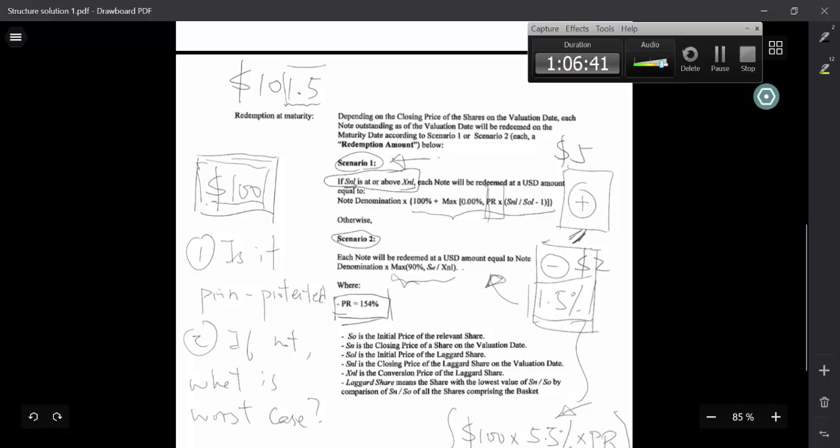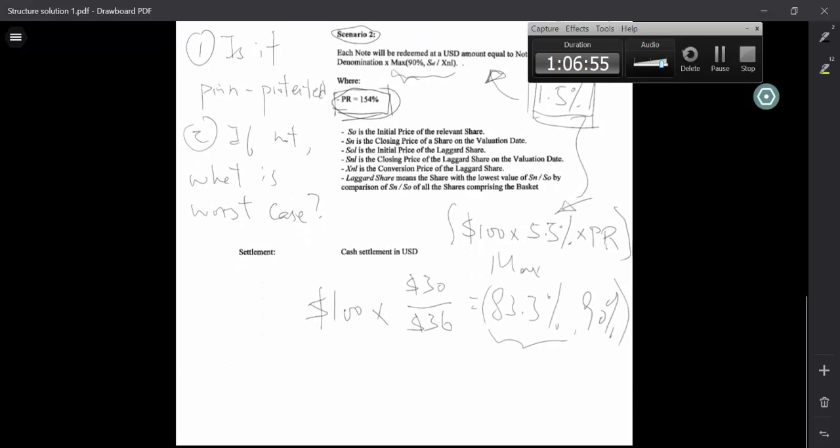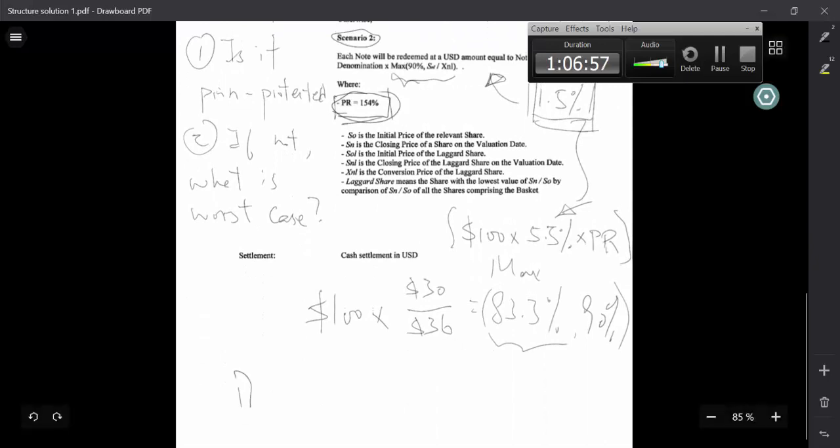And this magical number above par, I think as far as this exercise is concerned, is what we would like you to solve for, because the PR is fixed. You know what? The price of something obviously is a function of all the volatilities, all the starting prices, and the participation rate.